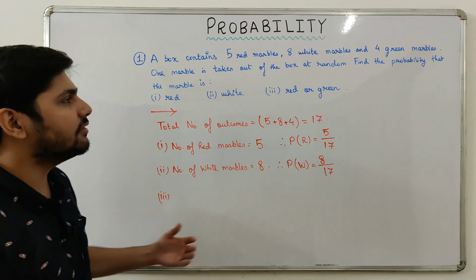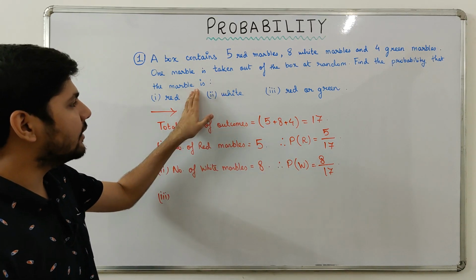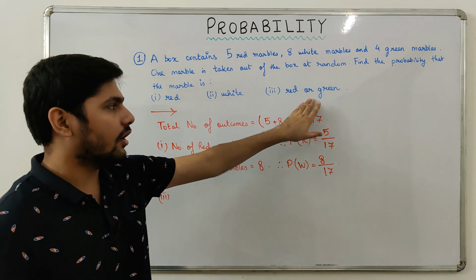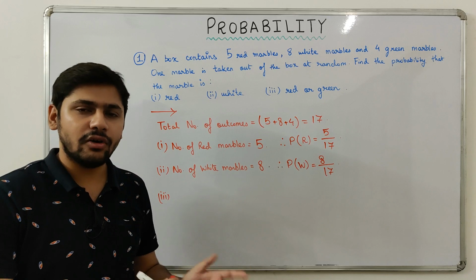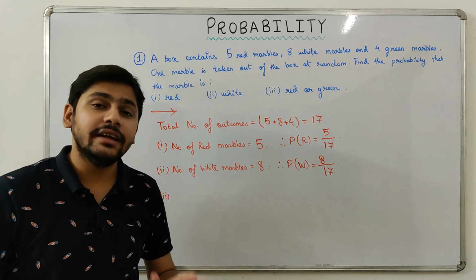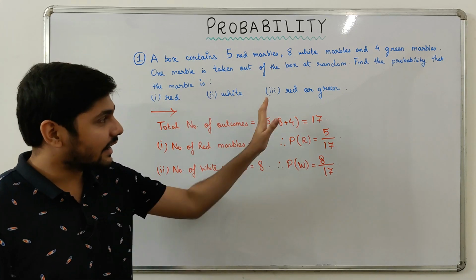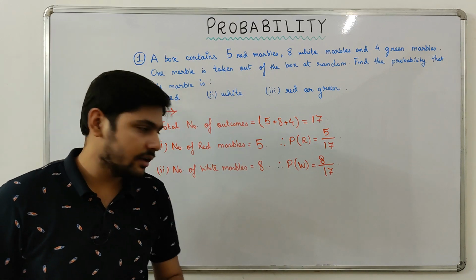In the third subpart, we have to find the probability that the marble is either red or green. Now, to find the probability that either the marble is red or green, we need to find the total number of red and green balls.